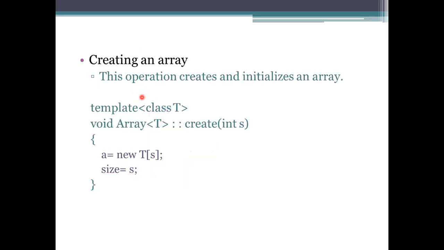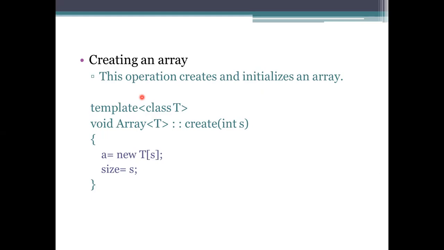Coming to the first one, creating an array using the template representation. Here I need to pass the array size. There is no need to mention any elements. Create of int s: I pass a value as a parameter, and that value is taken as the size of the array.